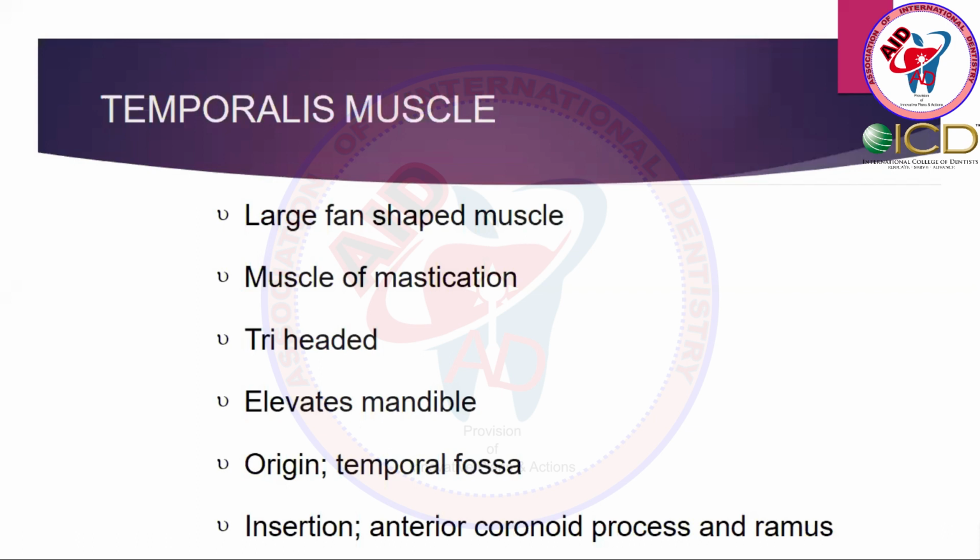But sometimes it is found that they are three-headed. It elevates the mandible. Its origin is the temporal fossa, which is a very big fossa. Then the insertion is into the coronoid process and the ramus to some extent, the superior level of the ramus.